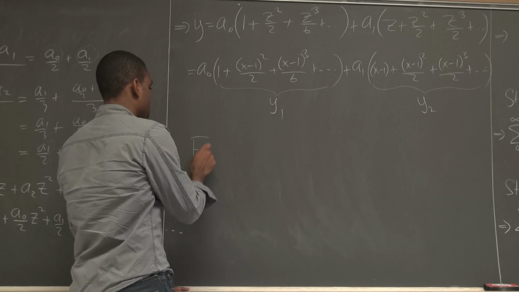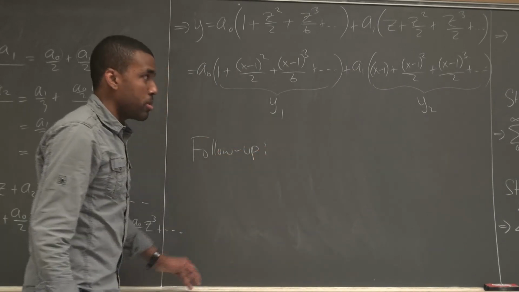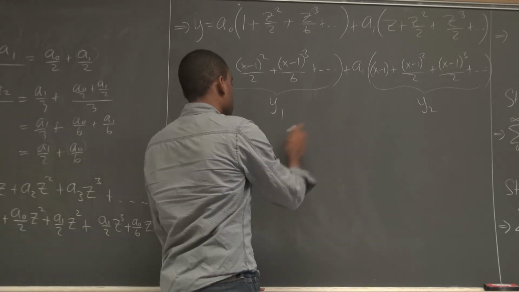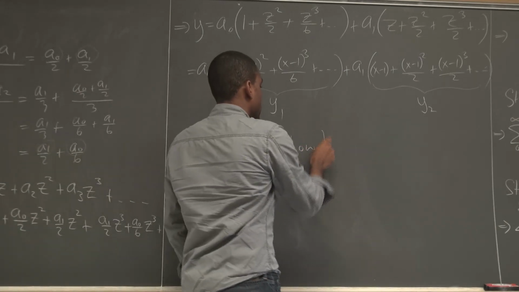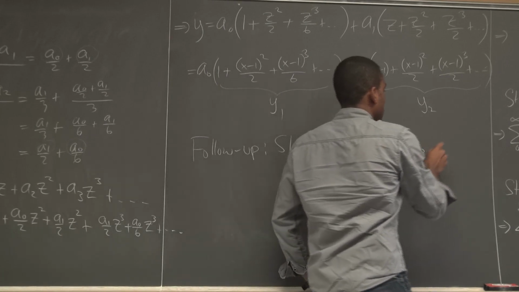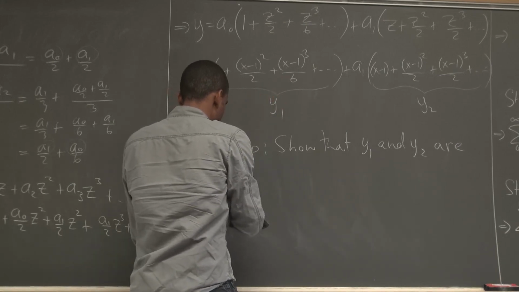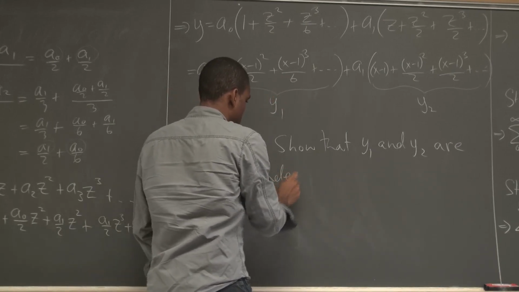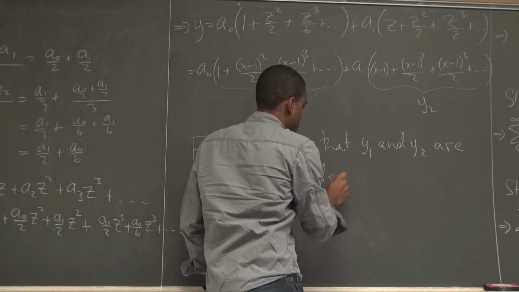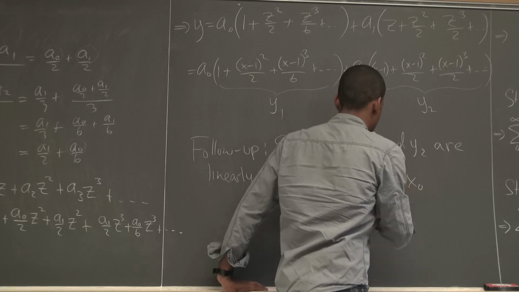I never asked this, but follow up. Because it's conceivable that you could be asked this. Show that y1 and y2 are linearly independent at x equals x naught.